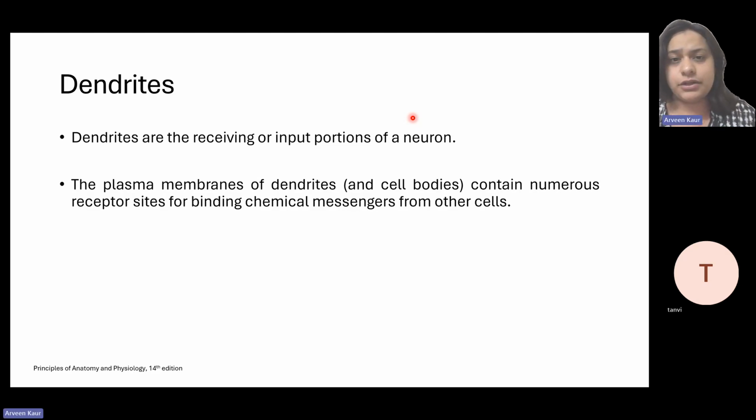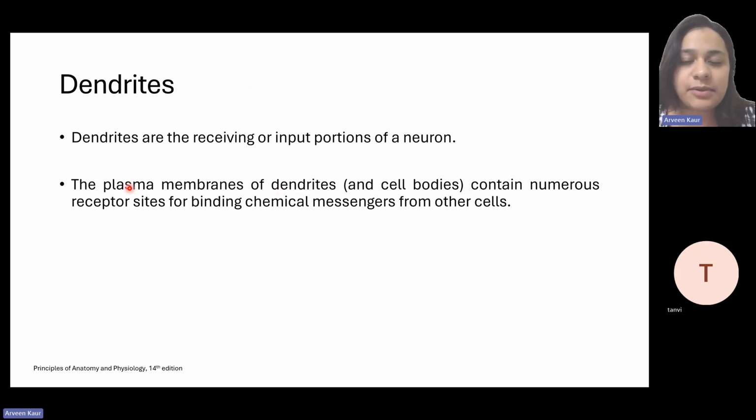So these are the two kinds of neuronal processes we were looking at: one was the dendrites and the other was the axons. First let us discuss the dendrites. Dendrites are the receiving or input portions of the neuron. What does it mean? Whatever information is given to the neuron will come through these extensions, which are known as dendrites.